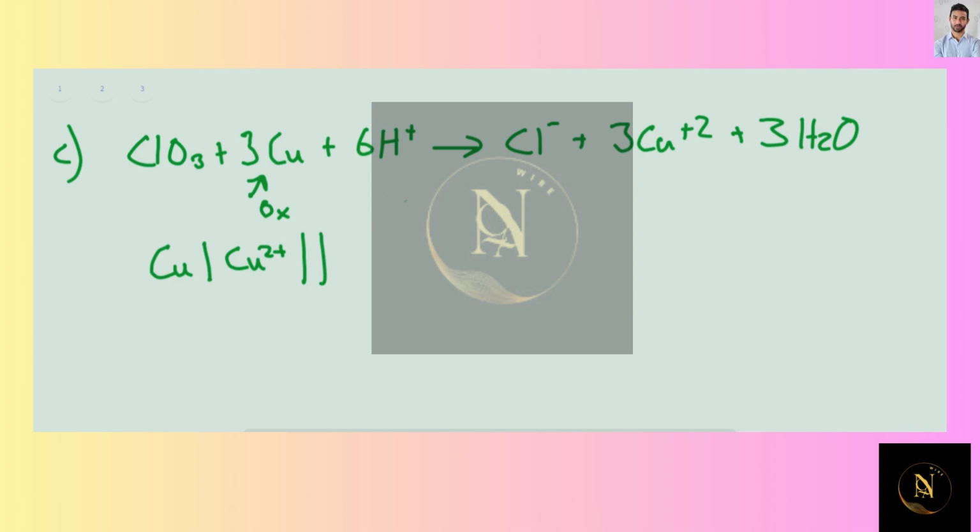Now the question is, on the other side, what is being reduced, what's in solution, and what is the cathode? And so we can see that the ClO3 minus is our reactant, and chloride is the product.